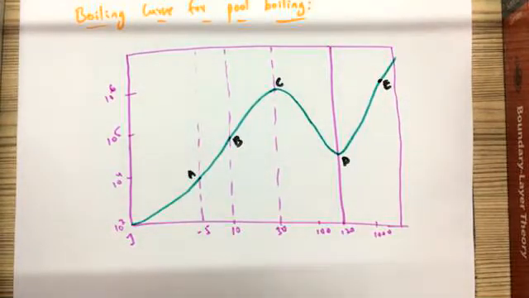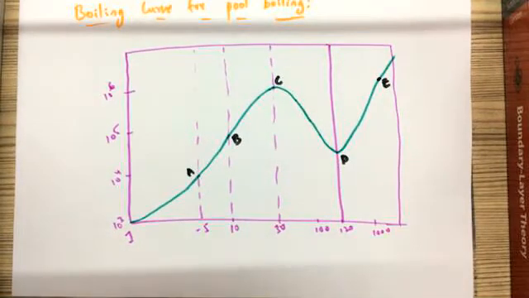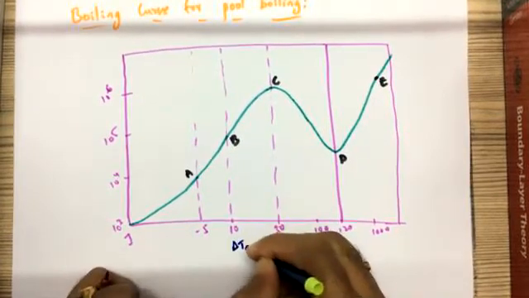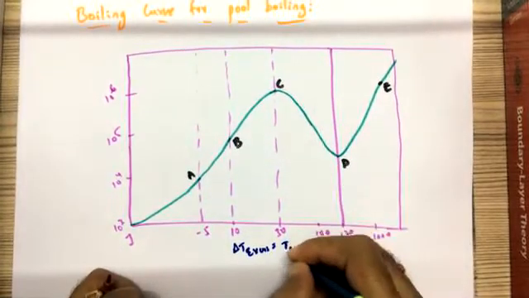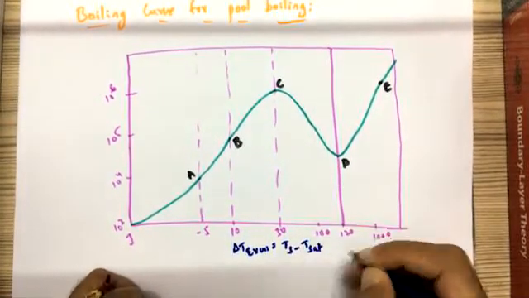This horizontal axis is actually delta T, that is Ts minus T sat.